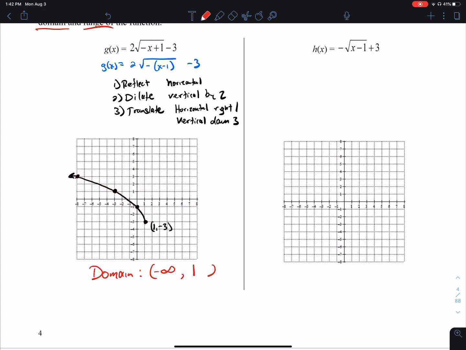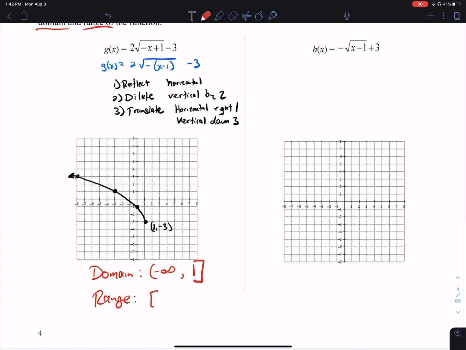Does it include 1? Yes. A parenthesis means it doesn't include the number. A bracket means it includes the number. Negative infinity is not a number, so it always gets a parenthesis. Range is how far up and down the graph goes. We always go small to big. So the graph starts here at negative 3. Does it include negative 3?